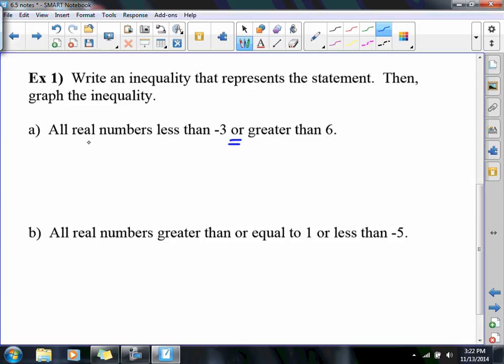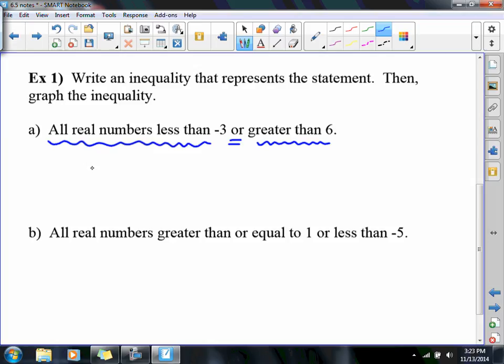So I need all the numbers less than -3. So this is going to be on the left side of my inequality. Then I'll have the word OR. And then on my right side, I need all the numbers greater than 6.